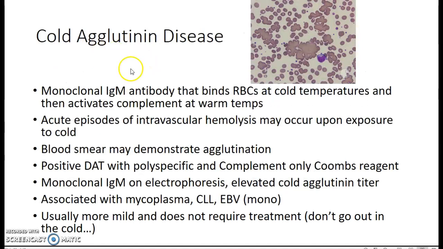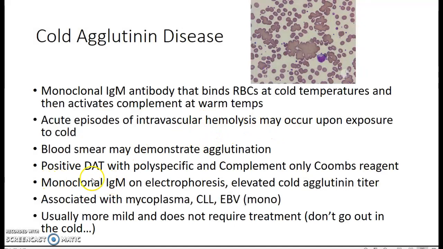Cold agglutinin disease, CAD, so that's IgM mediated, so you'll get a positive DAT, but it'll be to complement. Because what happens is the IgM antibody binds red blood cells at cold temperatures, but complement is really only activated at warm temps. So the IgM binds in your extremities, areas where the blood's a little more cold, and then it activates complement, and you get this intravascular hemolysis.